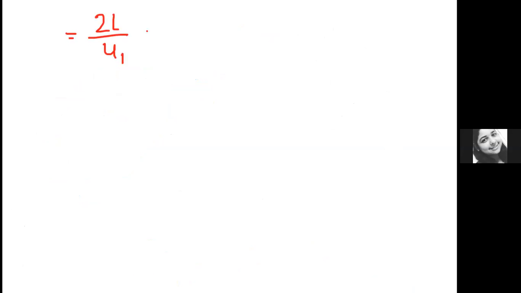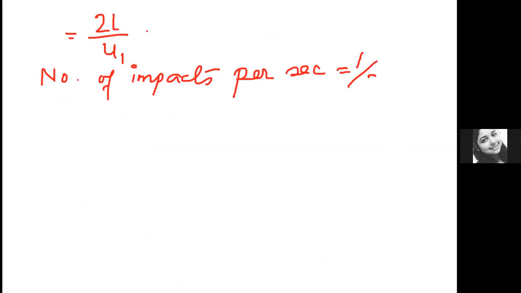Fine. So the number of impacts per second is actually 1 by (2L by U1), so that is equal to U1 by 2L.